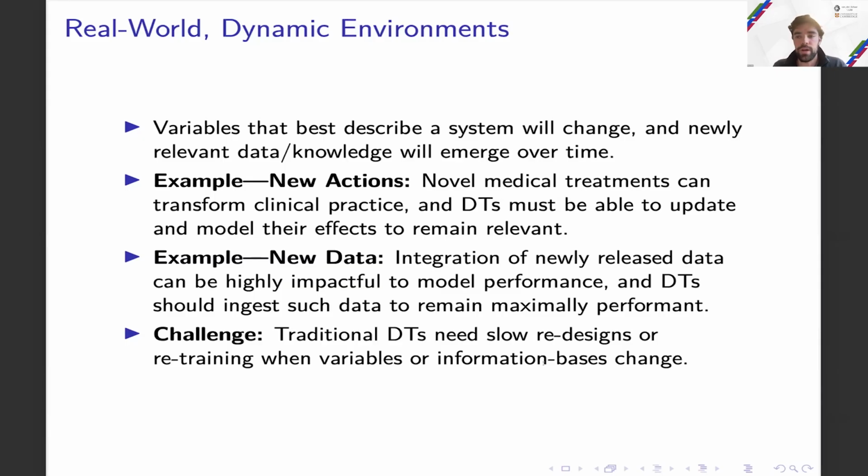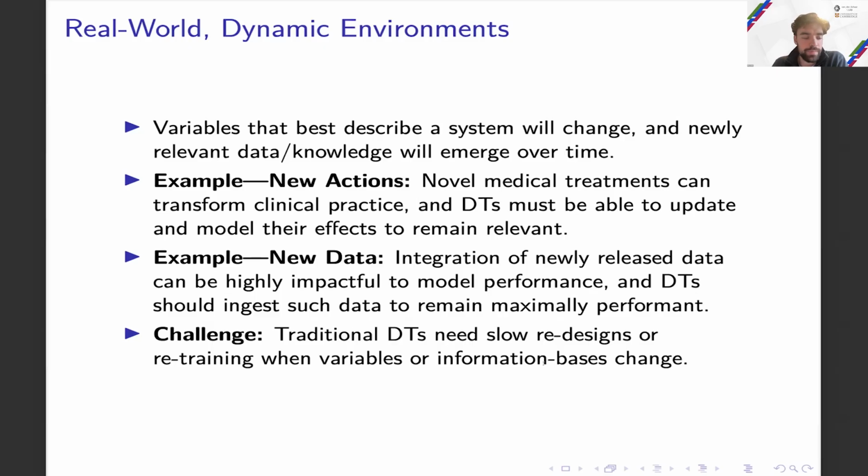There has to be some level of abstraction where we choose some subset of variables that can describe a system and relevant actions to that system. This is not an easy or obvious choice, and indeed, this choice of what variables to model can change over time, particularly for complex systems and environments such as medicine.